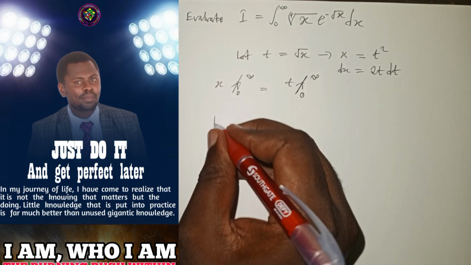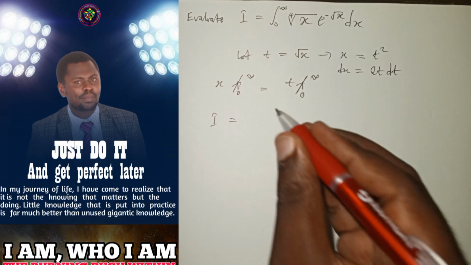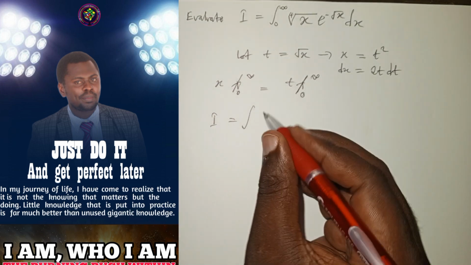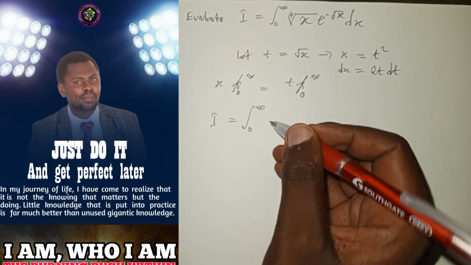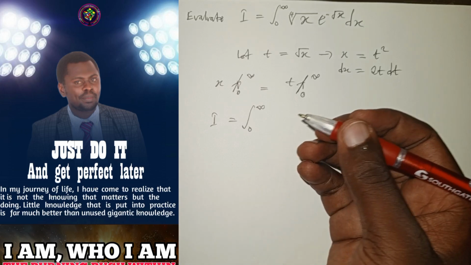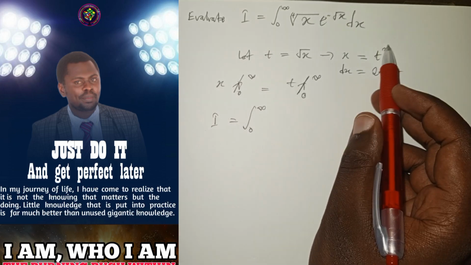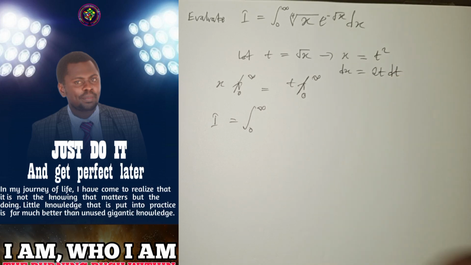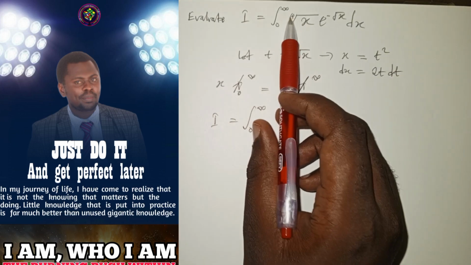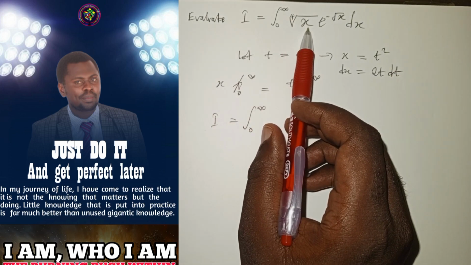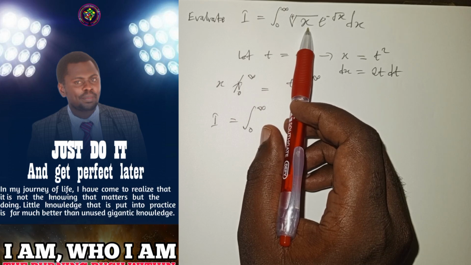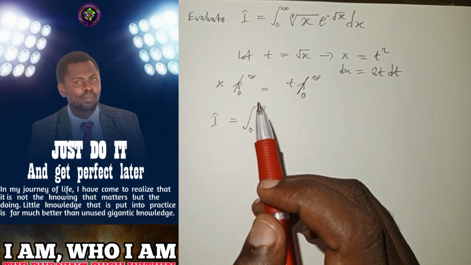Okay, so I is equal to the integral from 0 to infinity of, where there is x, we put t squared. And we know that this fourth root of x can be written as x to the power 1 over 4.